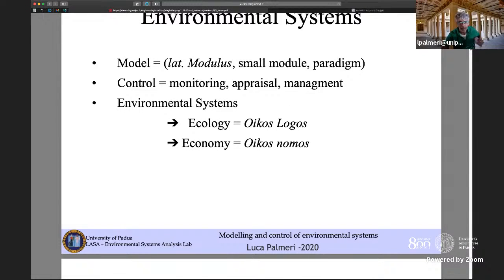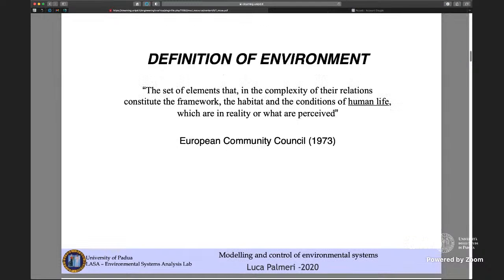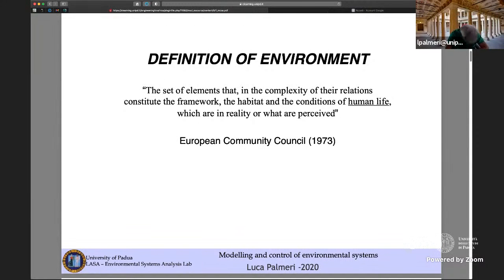So let's go back to the class and let's switch to an interesting aspect, that is the definition of environment. This is ecological modeling, modeling and control of environmental systems. What are environmental systems?